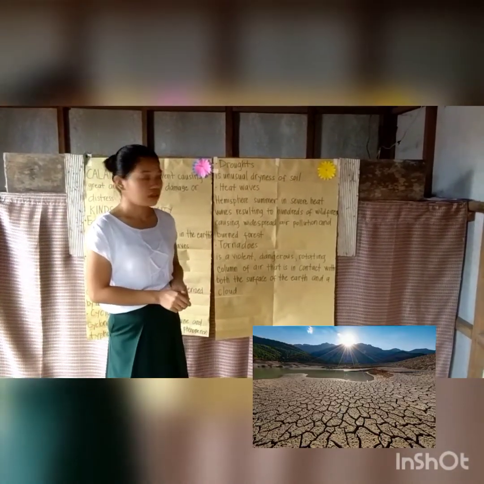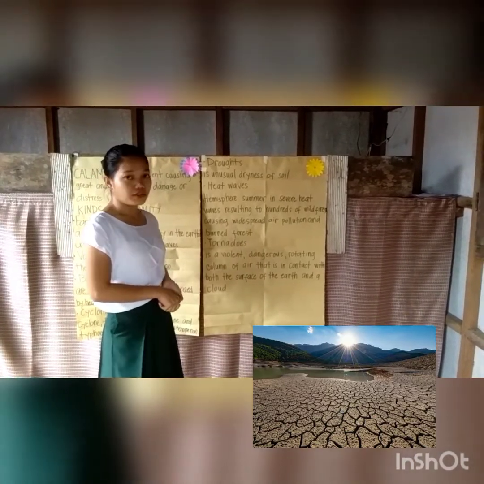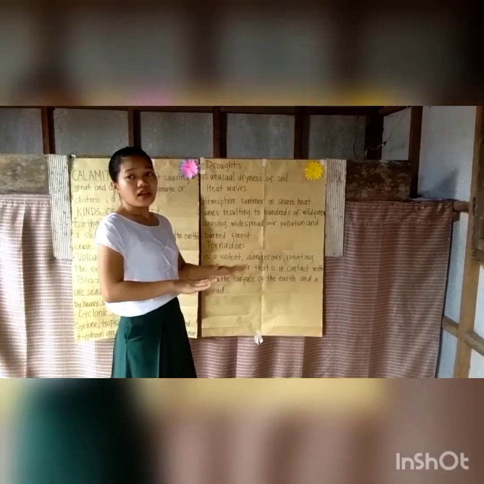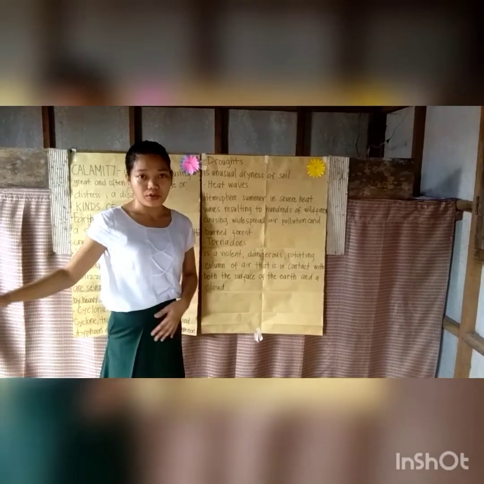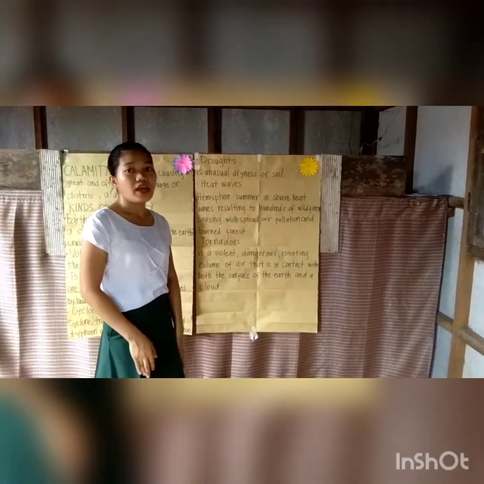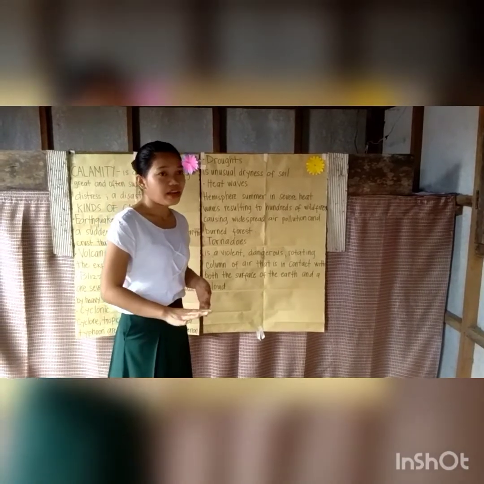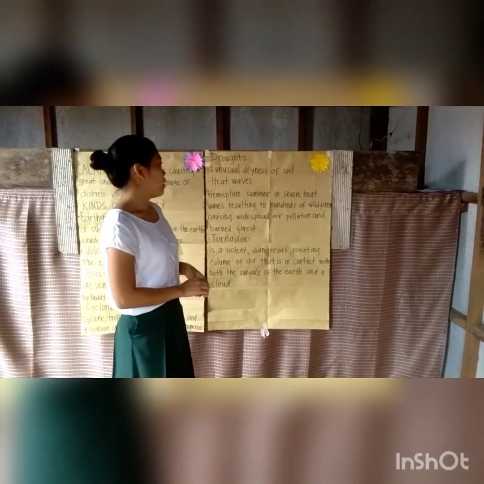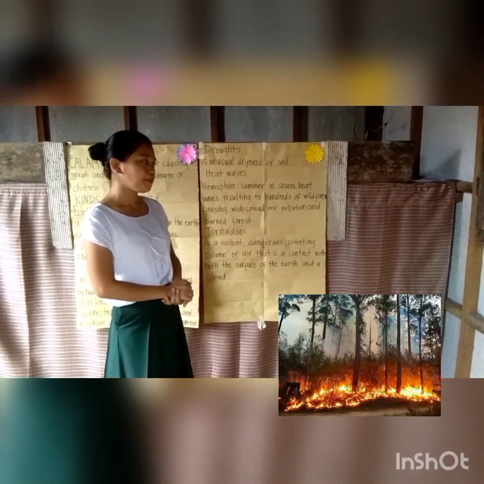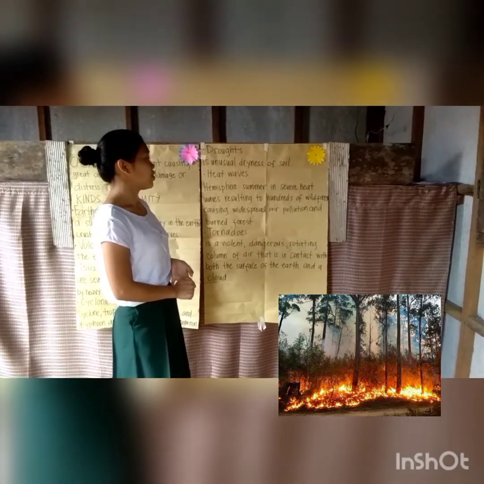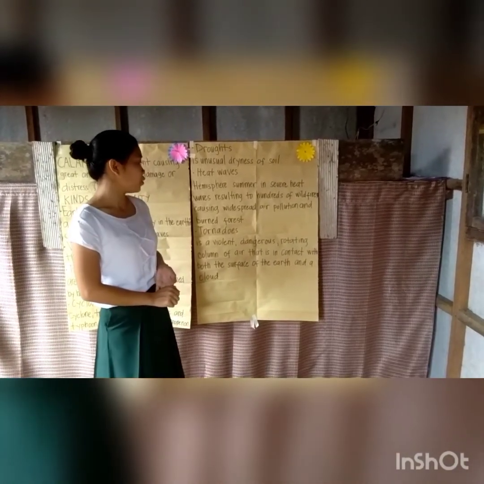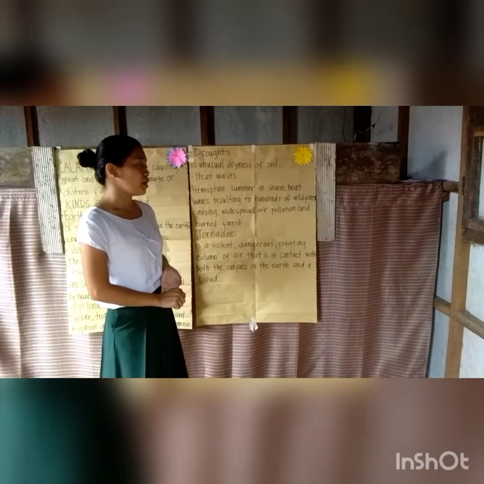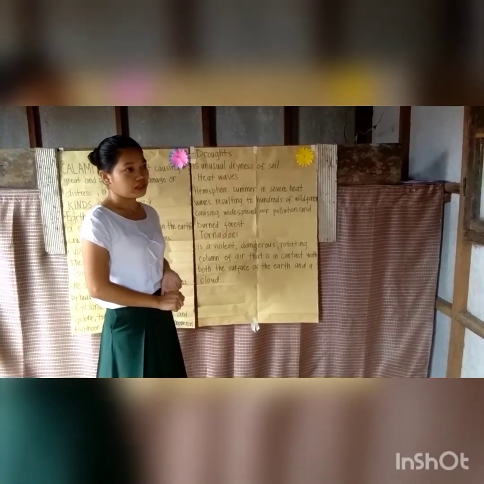Next, droughts. A drought is an unusual dryness of soil. It is when it gets so hot that the soil becomes very dry. Mostly farmers are affected, because of the dryness their plants get damaged or do not grow. And heat waves. Heat waves are hemisphere summer in severe heat waves resulting in hundreds of wildfires, causing widespread air pollution and burned forests.